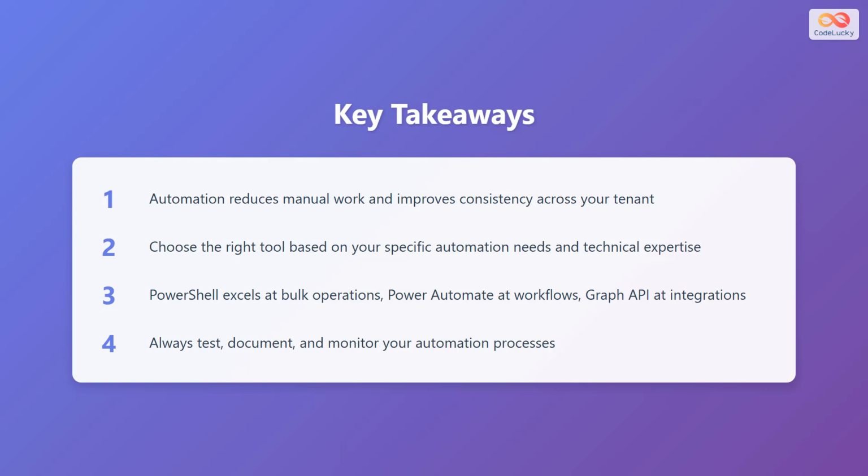Third, regardless of which tool you use, always test your automation thoroughly, maintain comprehensive documentation, and monitor your processes continuously. By following these principles and understanding the strengths of each automation tool, you'll be well equipped to transform your Office 365 administration and deliver significant value to your organization.